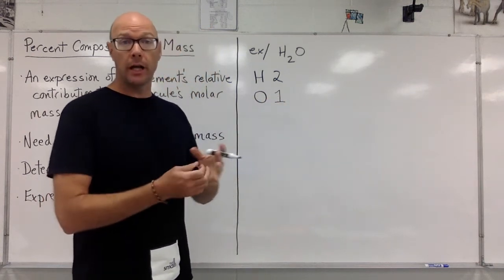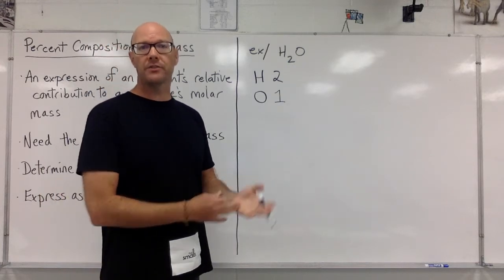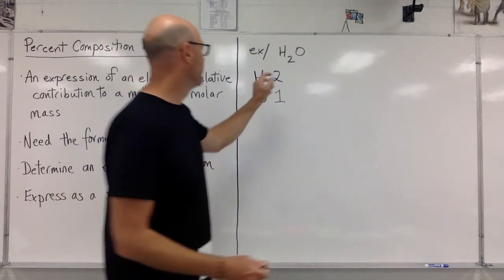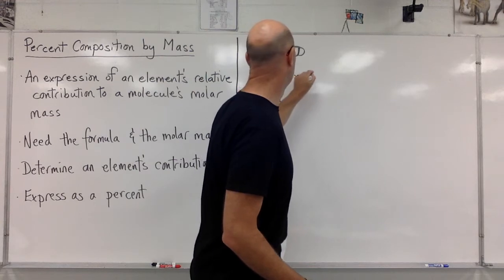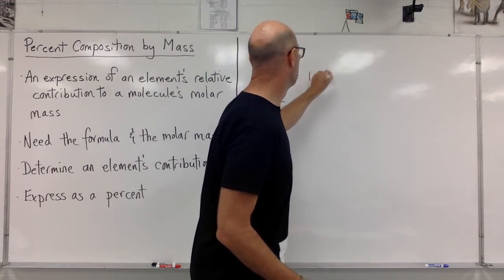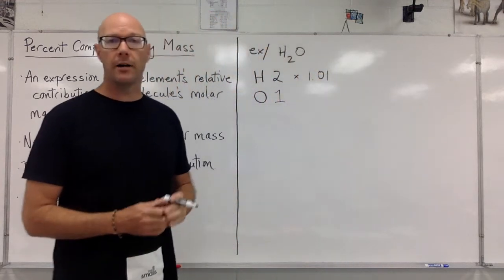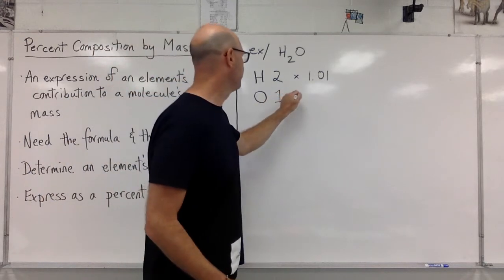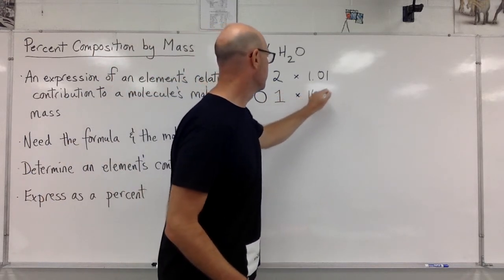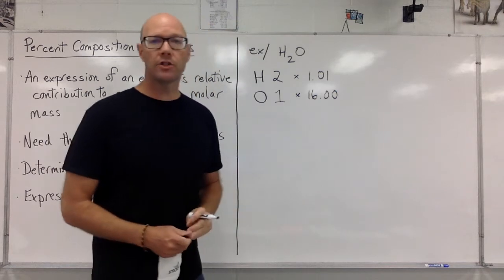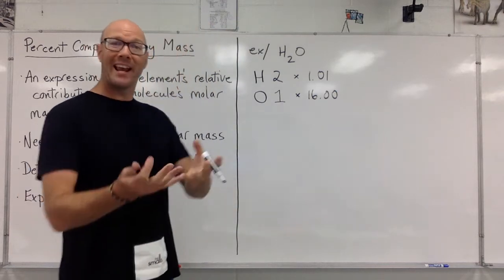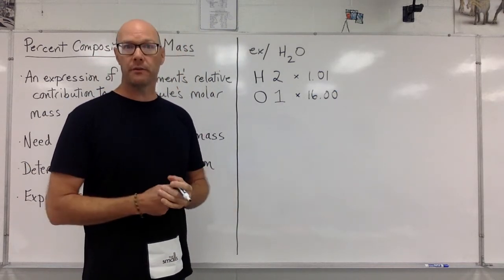Now, we need to look up the individual atomic masses. We can probably even remember. The atomic mass of hydrogen is 1.01, and oxygen 16.00. And again, I'm pulling those off the periodic table.